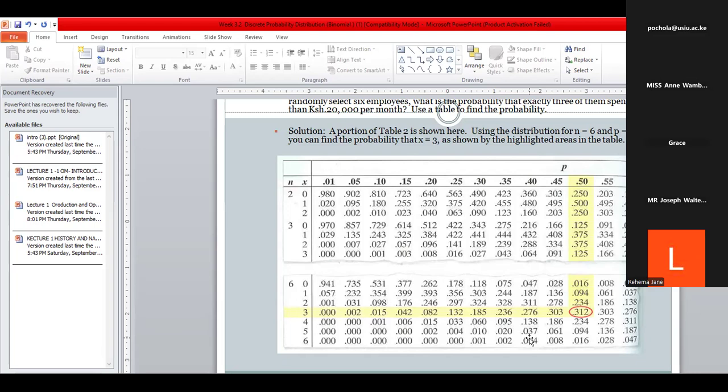Just put the two columns, X column 0, 1 to 6, and of course the probability of success we picked here, 0.4. That's for my use anyway. You done?